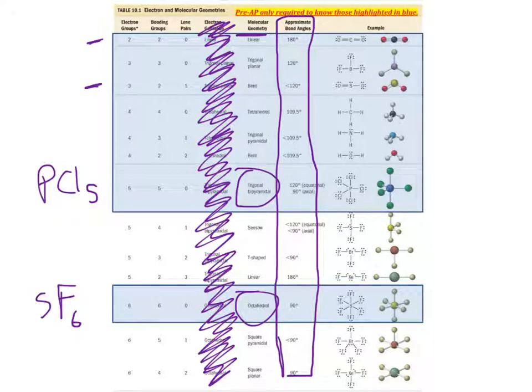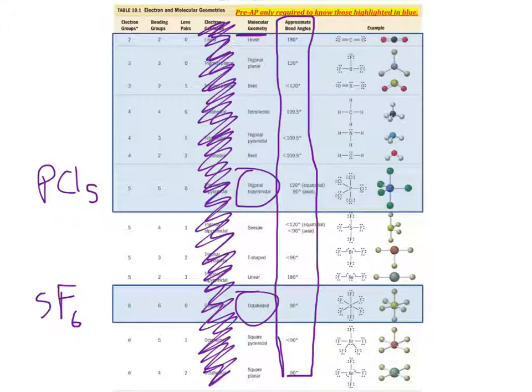The difference between trigonal planar and trigonal pyramidal, again, is a lone pair. We have our trigonal planar here, which is flat, and a trigonal pyramidal, which pushes the bonded pairs down. Something to keep in mind.